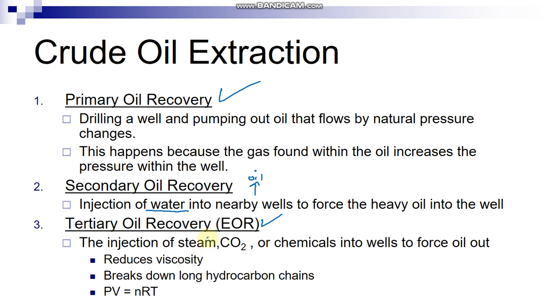You could shoot hot steam into the well that breaks down hydrocarbons and reduces the viscosity, making it easier for the oil to rise to the surface. Or you can insert gas or CO2 into the ground, and that increases the pressure, which then forces the oil out. Remember that from 9th grade chem? PV equals nRT? Yeah, baby. Well, it's coming into play here.